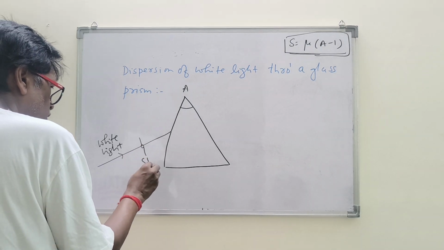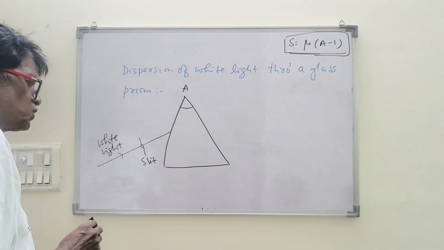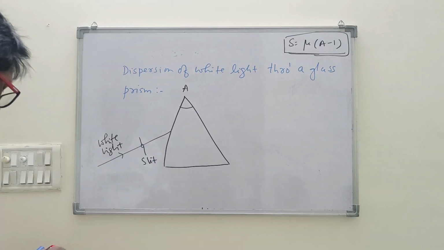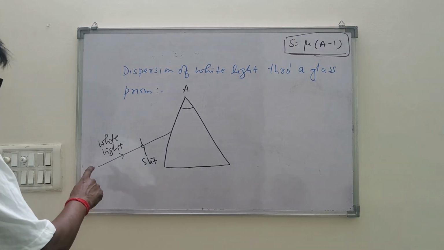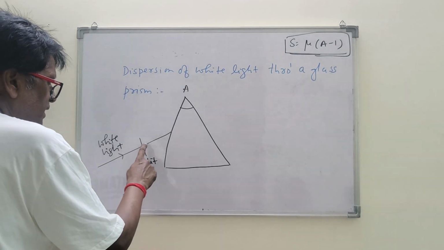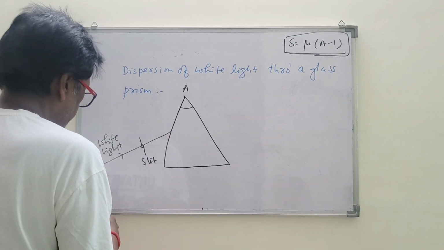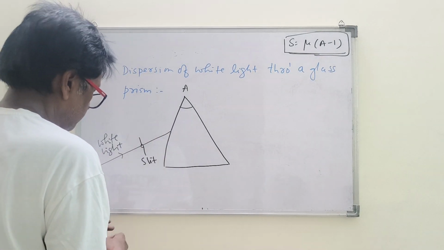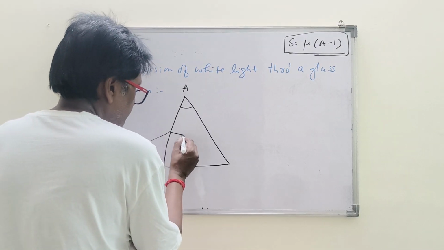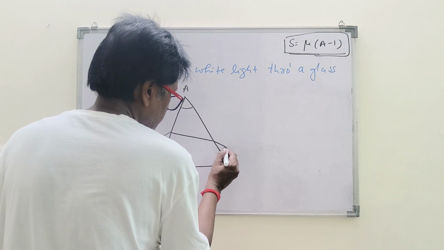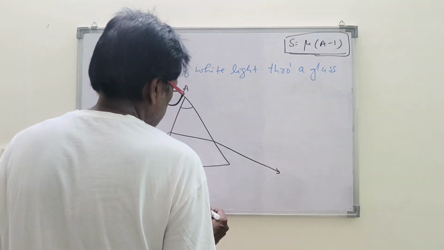A slit is a narrow opening through which light can pass. The width of the slit can be adjusted. So first we allow the white light to pass through the slit, and then it is incident on one face of the glass prism. This will suffer first refraction, and then it will come out from the prism.